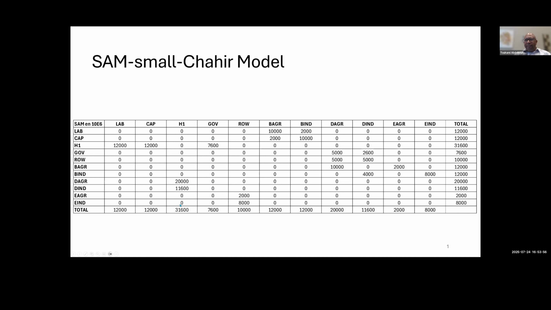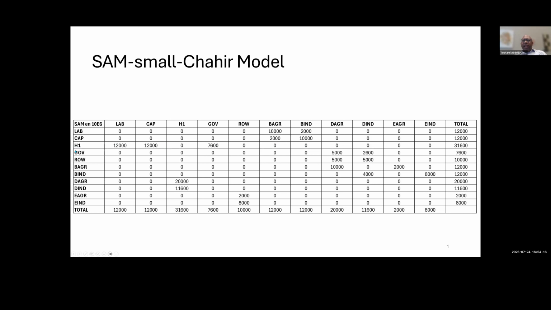And here we have the households. This is the column of the SAM from the Shahir model presented yesterday. We have the SAM here, and what is important is to look at this column and this row.